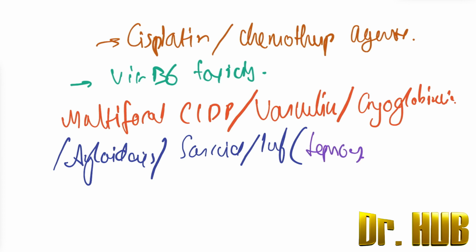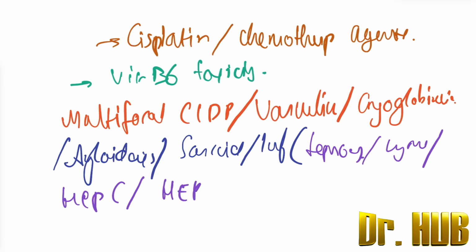So this is all in asymmetric: multifocal CIDP, vasculitis, cryoglobulinemia, amyloidosis, sarcoidosis, infections such as leprosy, Lyme, hepatitis B, C, E, and also the presence of HIV, CMV as well as tumor infiltration.